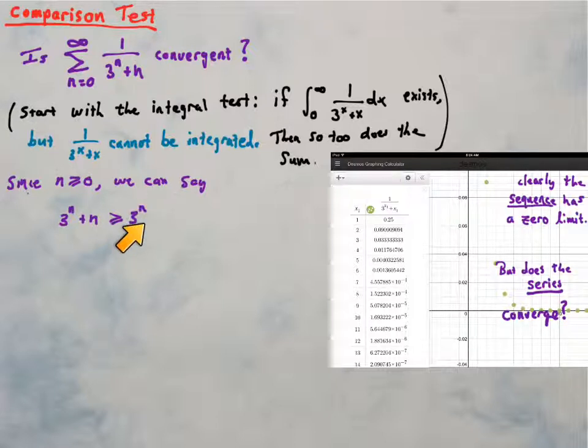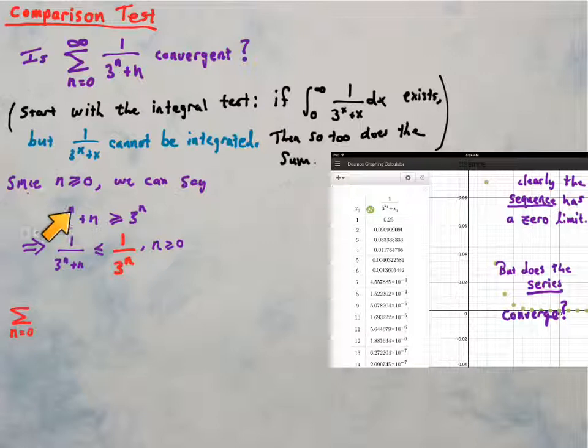We know that 3 to the n is always going to be smaller than 3 to the n plus n because n is always going to be positive, and therefore we can say that the reciprocals are also related. So if the denominator is bigger than this denominator, then 1 over that number is going to be less than 1 over that number. So that's our logical argument.